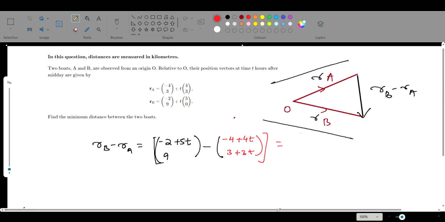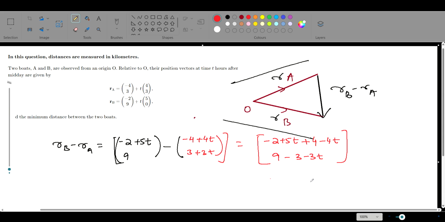Creating the equation: minus 2 plus 5t minus minus 4 plus 4t, and 9 minus 3 minus 3t. Next, 5t minus 4t is t, minus 2 plus 4 is plus 2, 9 minus 3 is 6, and this is minus 3t. This is the expression I'm getting for RB minus RA.